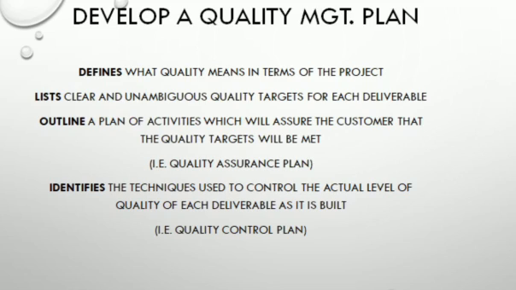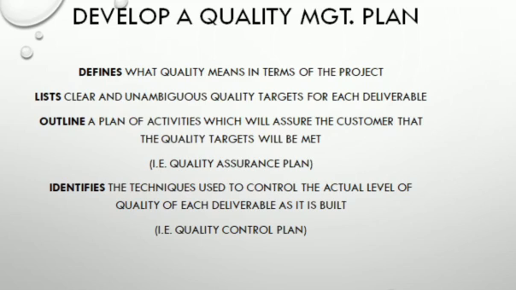Understand? You try and define the quality clearly, and then you put a plan to assure the customer that you can meet the quality demanded, as well as set up standards for controlling the quality that is demanded. So that's the quality management plan. In brief, once again, we make sure the quality is well defined by the project sponsor.